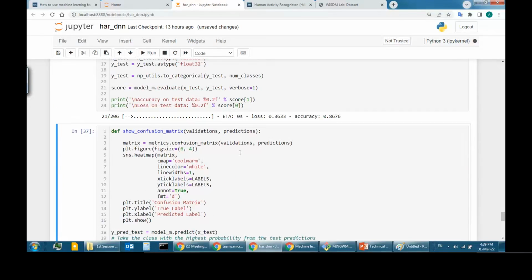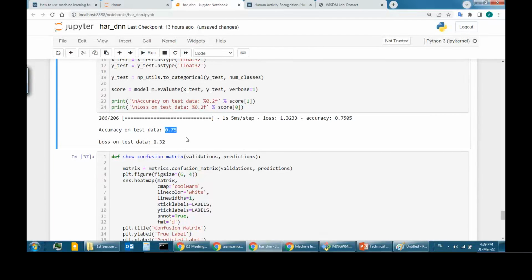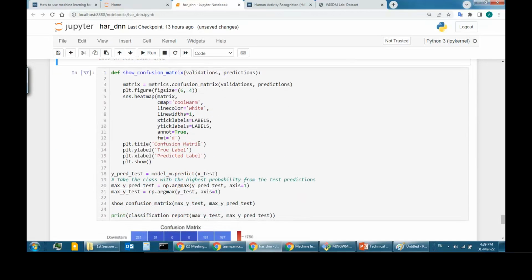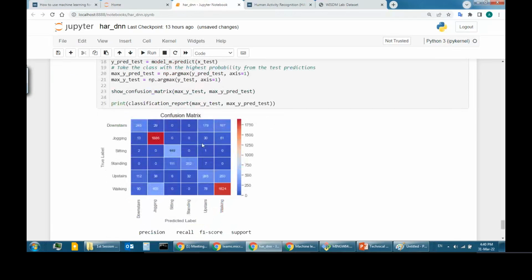So for testing, it's okay, 75%. That's the actual measure. Actually, this is representing the actual performance of our model in production when you use it for new data. And these are just other visualizations. For example, in this case, it is using the confusion matrix to get insight into which classes are easy to classify, which classes are not easy.